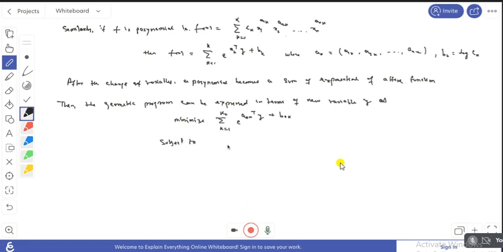The first inequality constraints are also polynomials, and there are m such polynomials. So here k equals 1 to Ki, and i equals 1 to m, the exponential of aik transpose y plus bik is less than or equal to 1. This polynomial can be written in the new variable y.